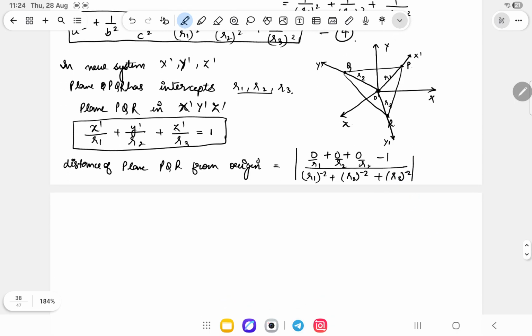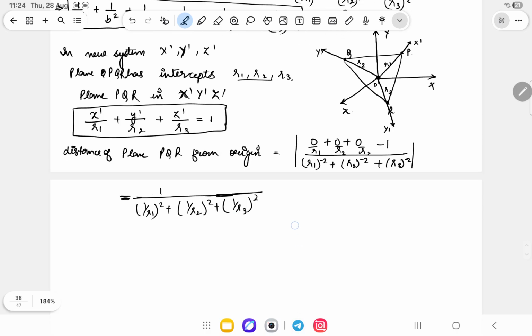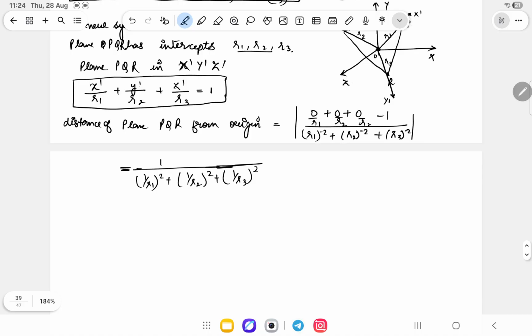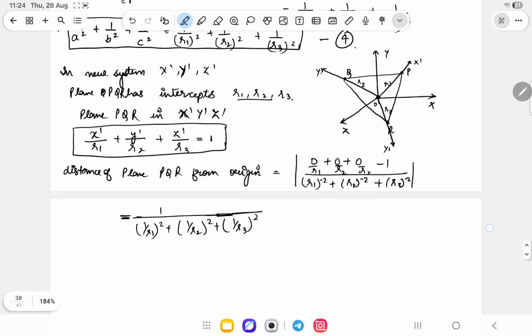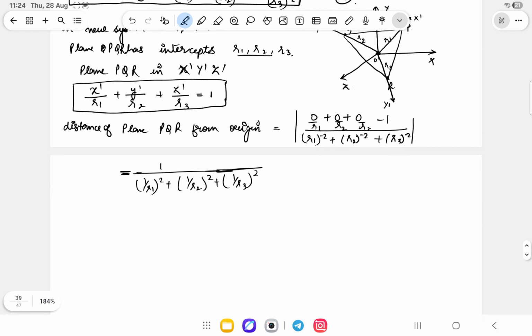So this is the distance of plane PQR from origin, that is 1 upon root of 1 by R1 square plus 1 by R2 square plus 1 by R3 square. Also this distance will be constant even if I take the coordinate system xyz, because distance is a scalar quantity and it does not depend on the coordinate system which we are choosing.